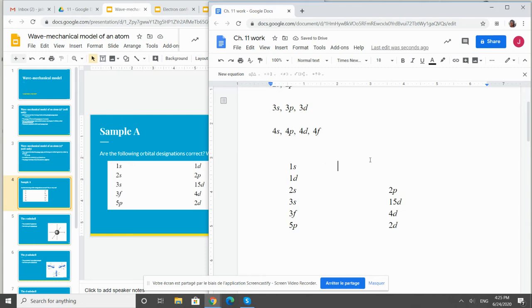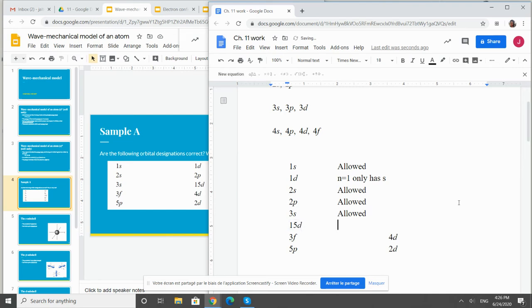I think for this, we'll just give an explanation if it's not allowed. 1d is not allowed, so N is equal to 1 only has S. 2s, that's allowed. 2p is also allowed. 3s is allowed. 5d is allowed.